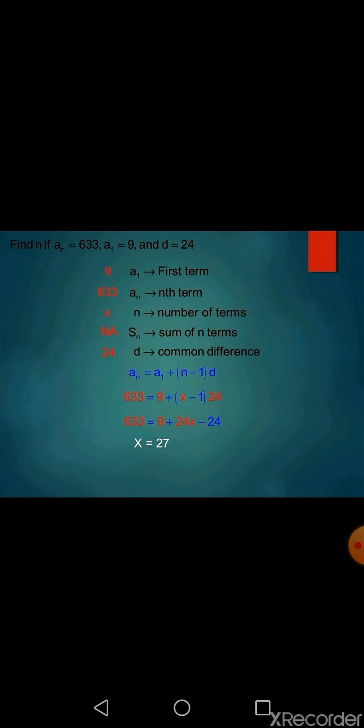Expand the bracket, you will multiply 24 times n and 24 times negative 1 as distribution, then solve as a linear equation to get n.